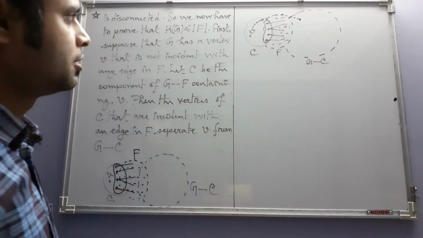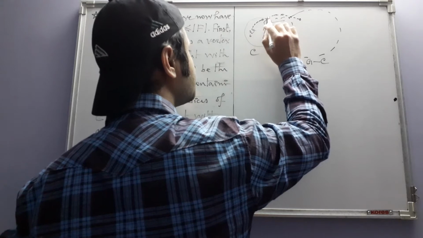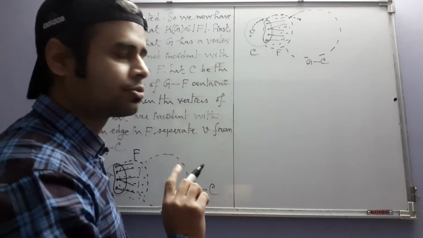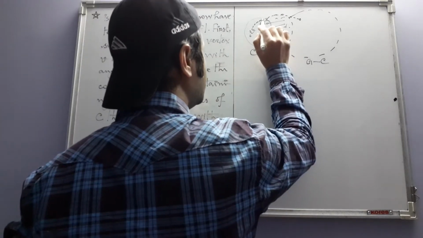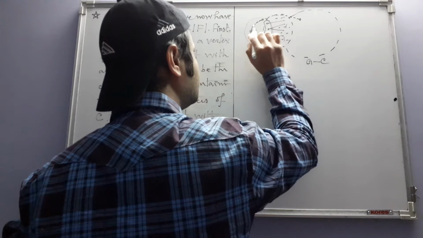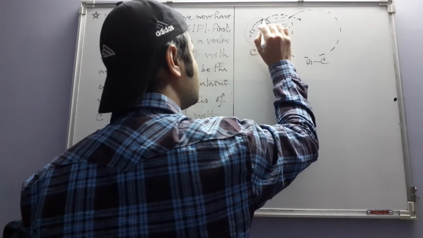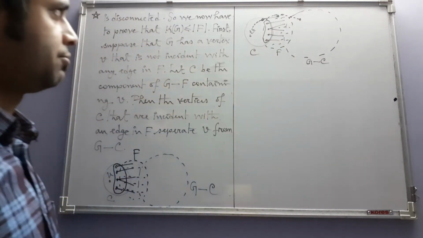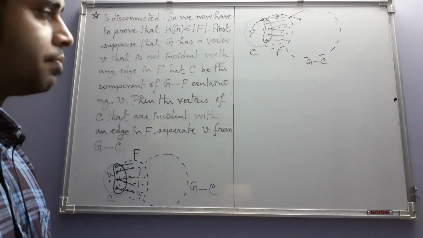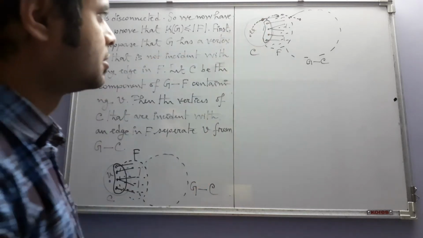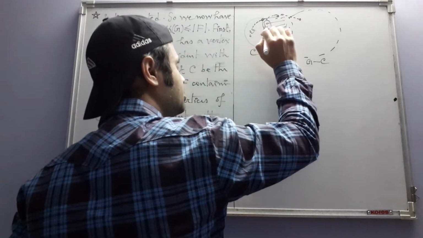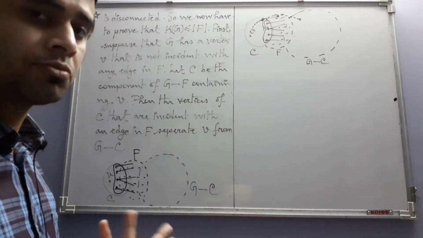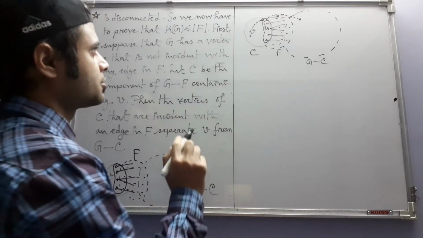So that's why this path should pass through F, in the sense that it should contain at least one edge from F. But if that is the case, then in this path, going from V, we will encounter some vertex which is incident with one edge in F. But then that vertex should have been in this collection of vertices whose removal we are talking about.